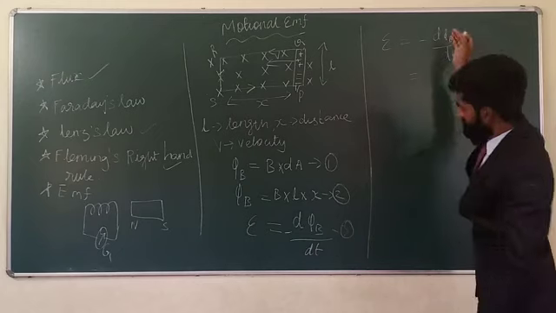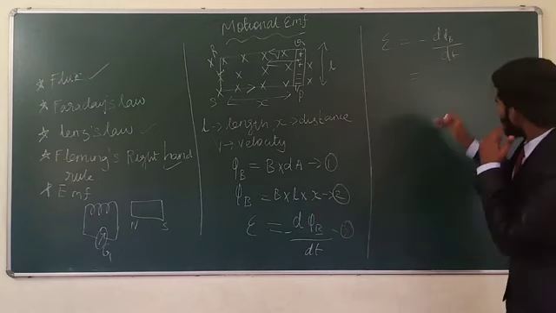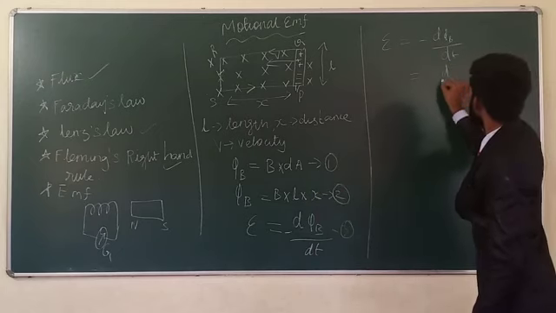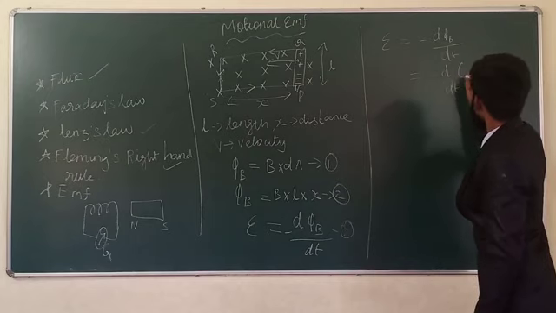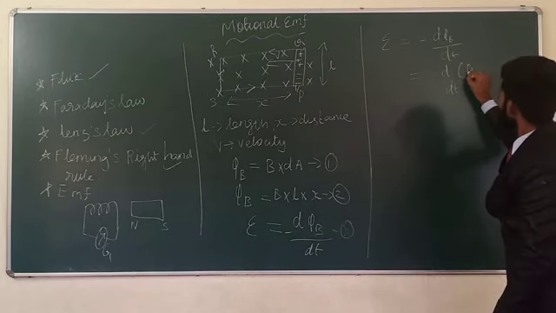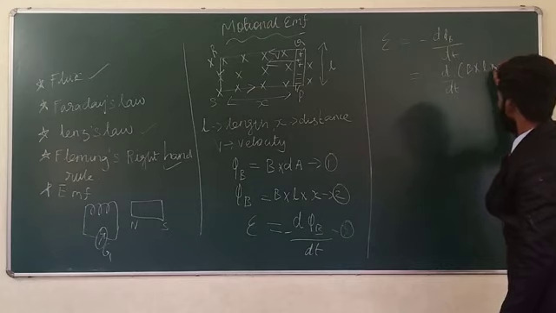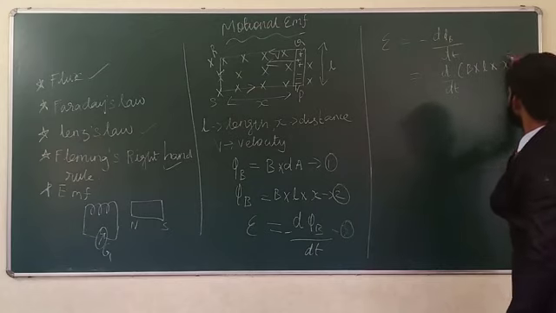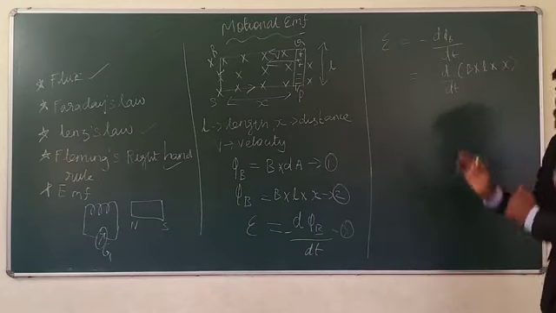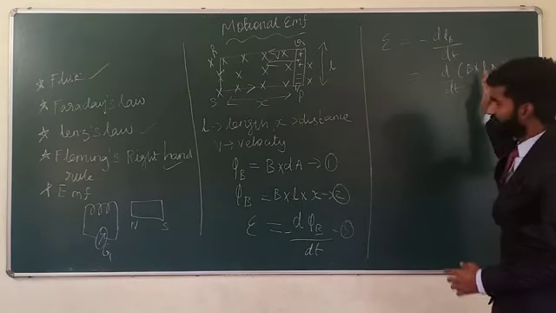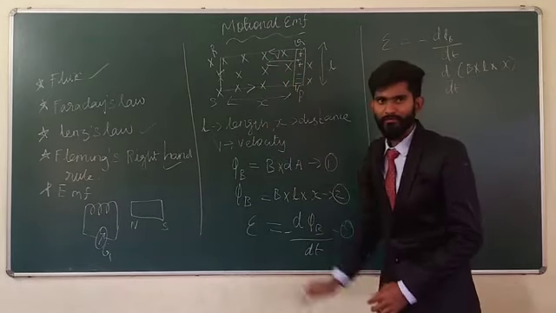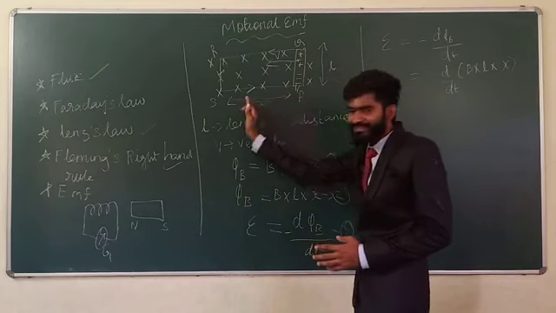There we are going to substitute the value of φ_B, and it will be d/dt of B into L into x. Here you can see B and L are not varying; only the distance varies.